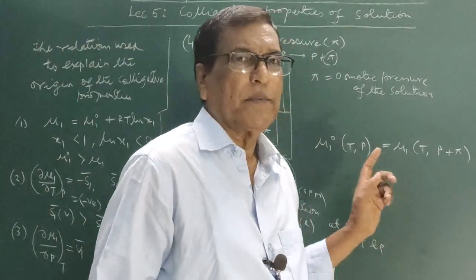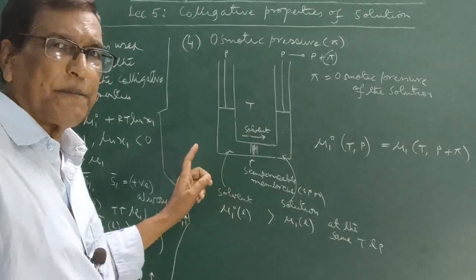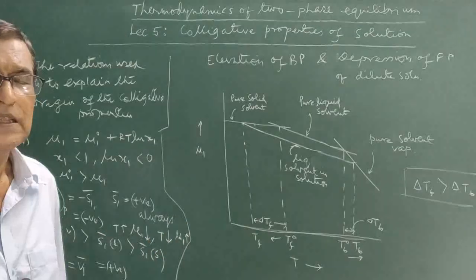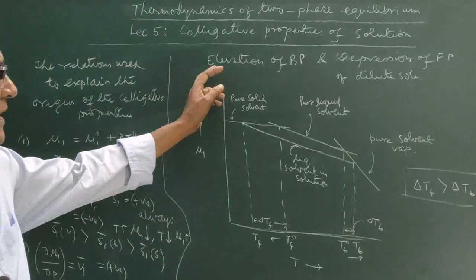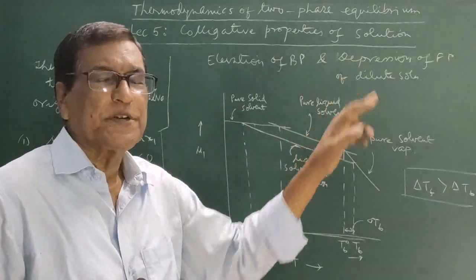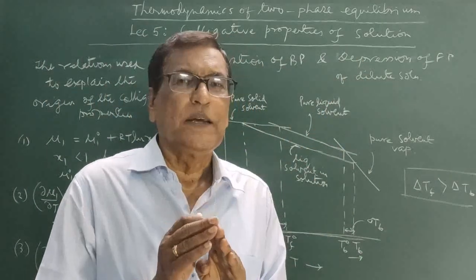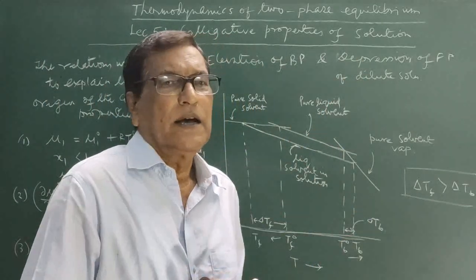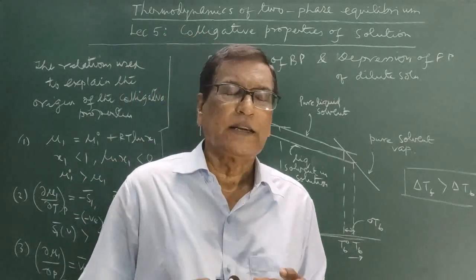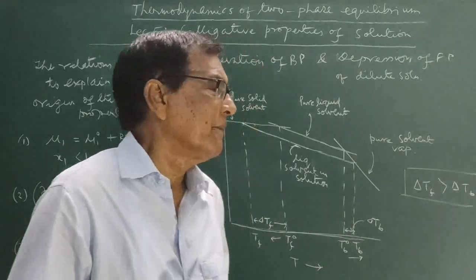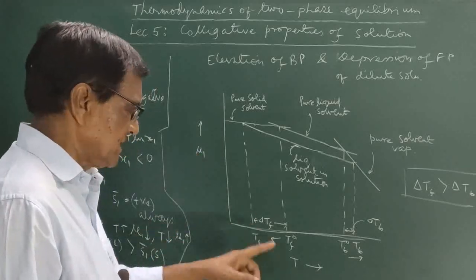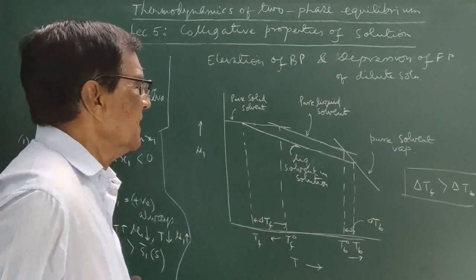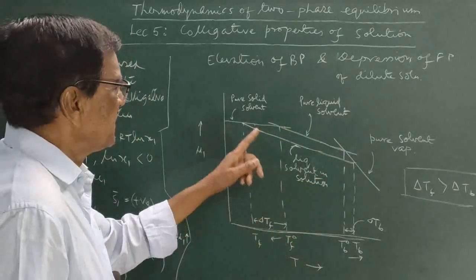This is all about the 4 colligative properties. The elevation of boiling point and depression of freezing point could be more clearly shown in the form of a diagram. The chemical potential versus temperature plot is here, and we have 4 curves.